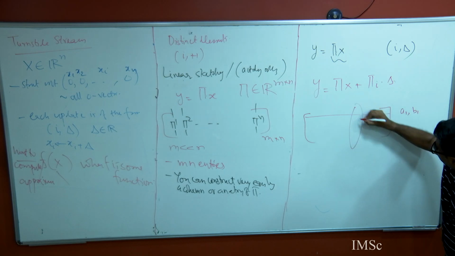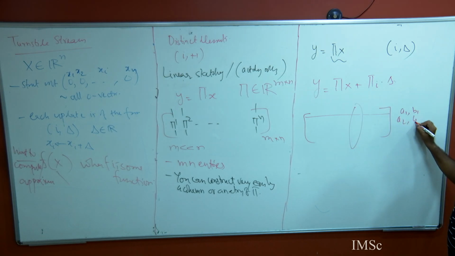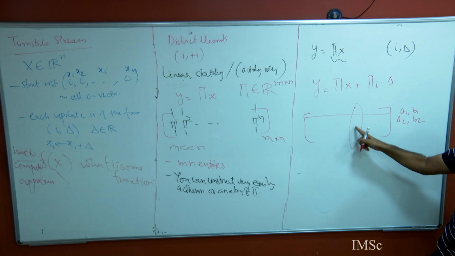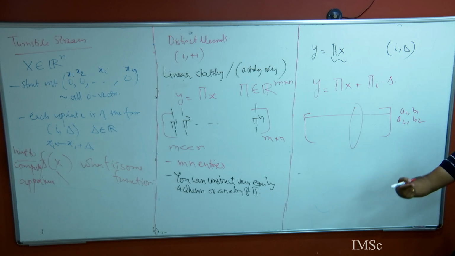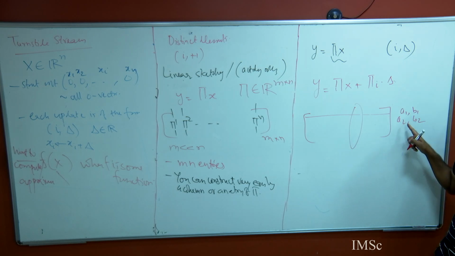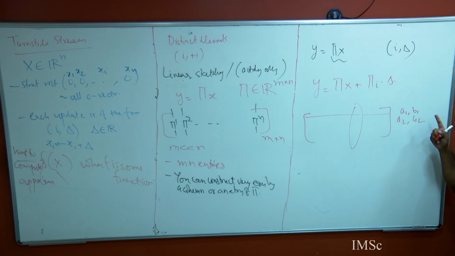Similarly, for the second row, if I had a2 and b2, I can know what this element is, because the ith entry I am looking for is nothing but a2 i plus b2. So on and so forth.